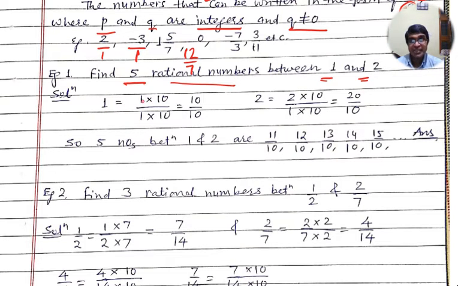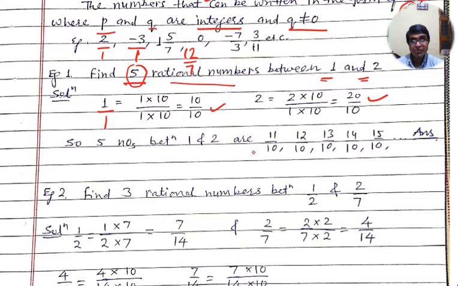This 1 can be written as 1 into 10 divided by 1 into 10, because 1 means 1 by 1, and if you multiply by 10 in numerator and denominator, that is 10 by 10. Similarly this 2 we can write as 2 by 1, and 2 into 10 divided by 1 into 10 means 20 by 10. So now the numbers are 10 by 10 and 20 by 10, and we have to find 5 rational numbers between 1 and 2.